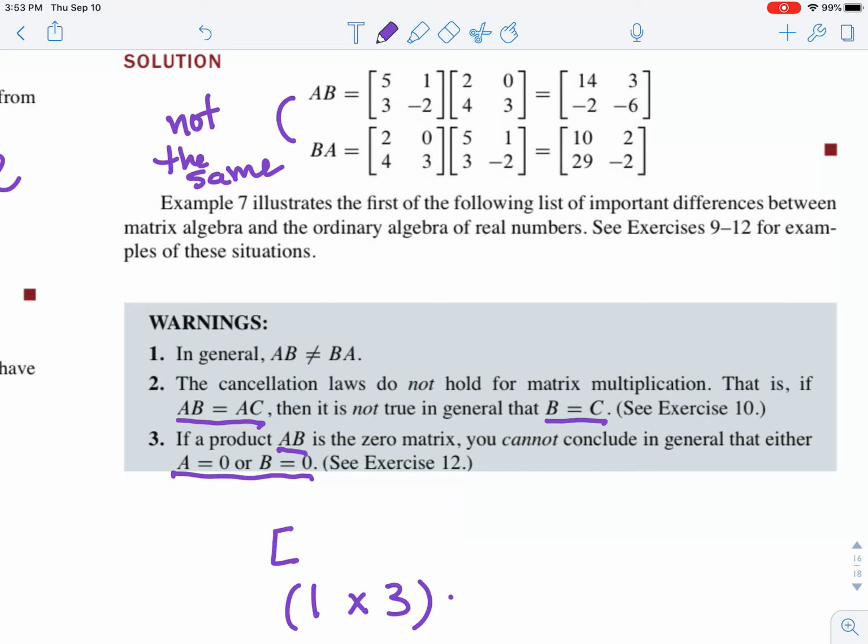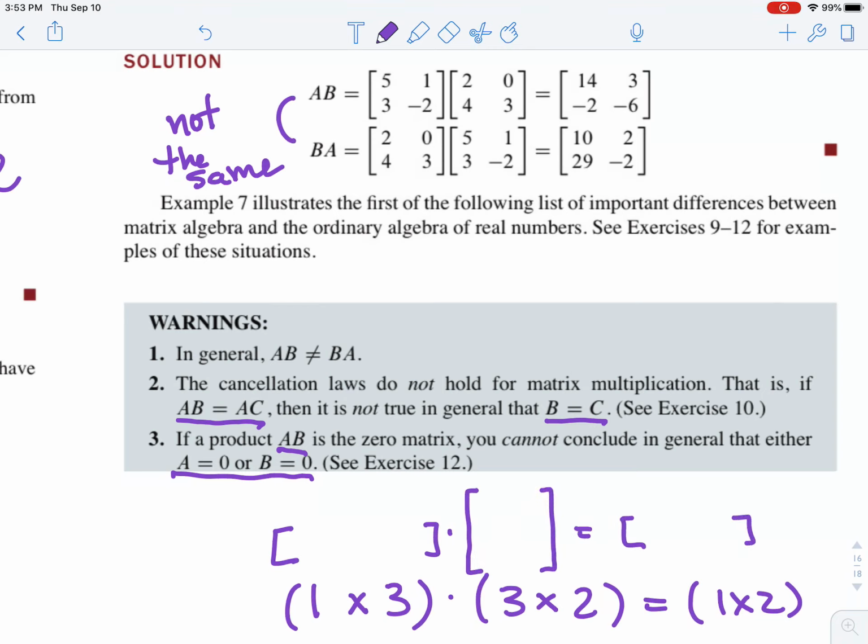Let's take a 1 by 3 matrix, and let's multiply by a 3 by 2 matrix. Okay? And of course, that output should be a 1 by 2 matrix. Right? So 1 by 3 times 3 by 2 should be 1 by 2. And I'm just going to fill in some numbers. I'm going to do 1, 1, 1.